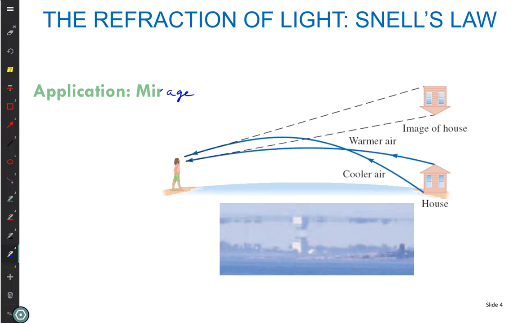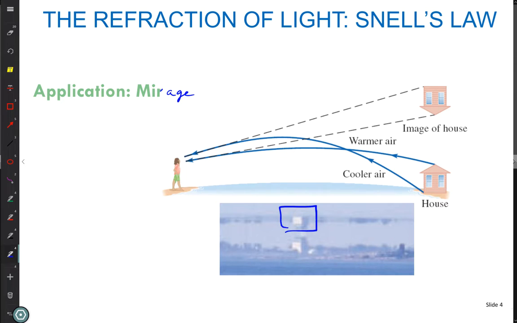This picture is showing a house on the other side of a lake. And the house on the other side of the lake, which is inside that box, is upside down in the mirage because of the going up and coming back down. So, two different types of mirages.